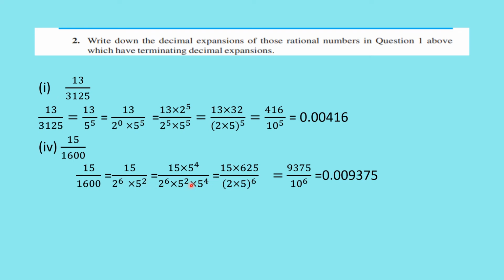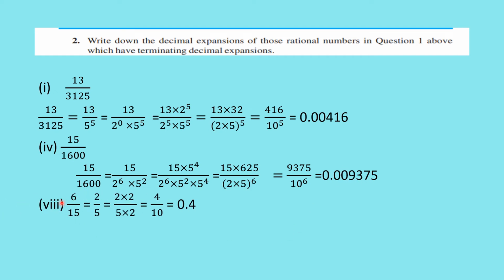So you have to multiply the numerator and denominator by 5 raised to 4. That is 15 multiplied by 625 upon 2 multiplied by 5 whole raised to 6. That is 9375 upon 10 raised to 6. Since the power of 10 is 6, the decimal expansion will have 6 decimal places. Therefore, the decimal expansion is 0.009375.